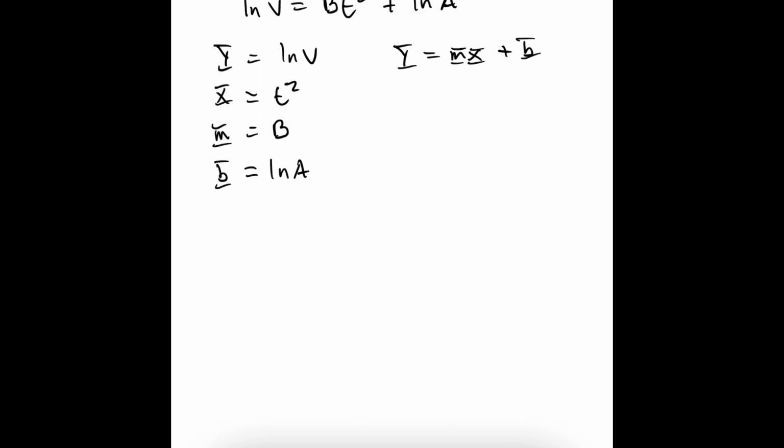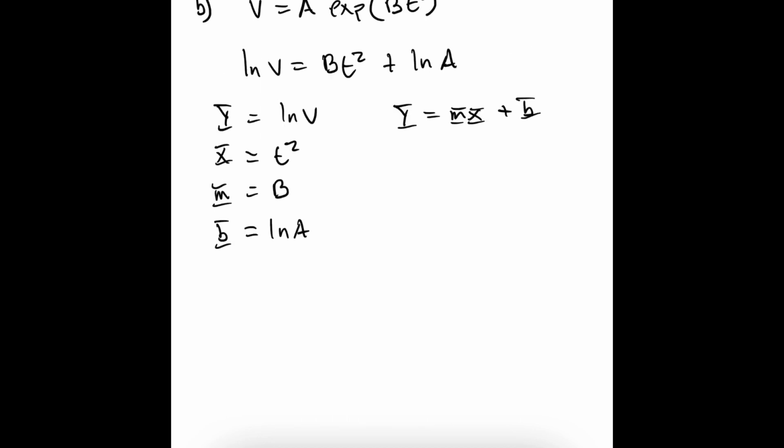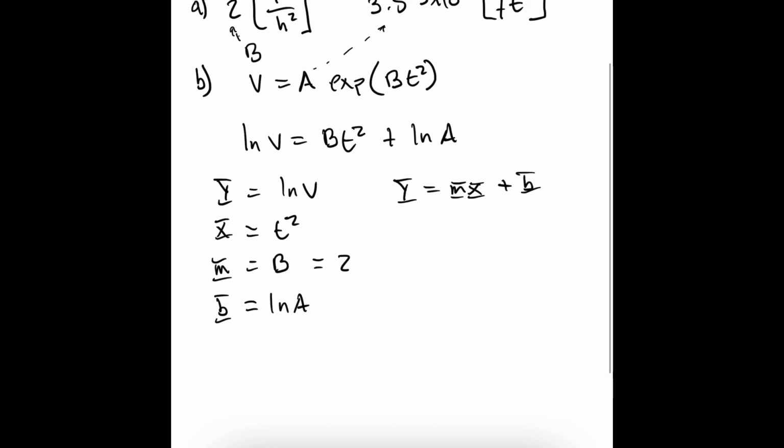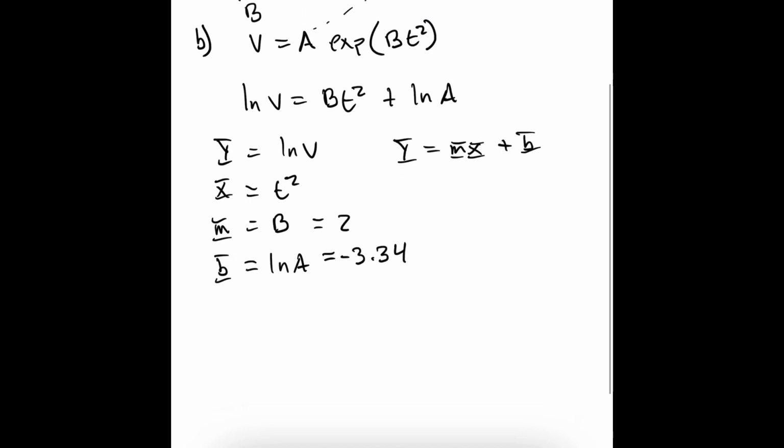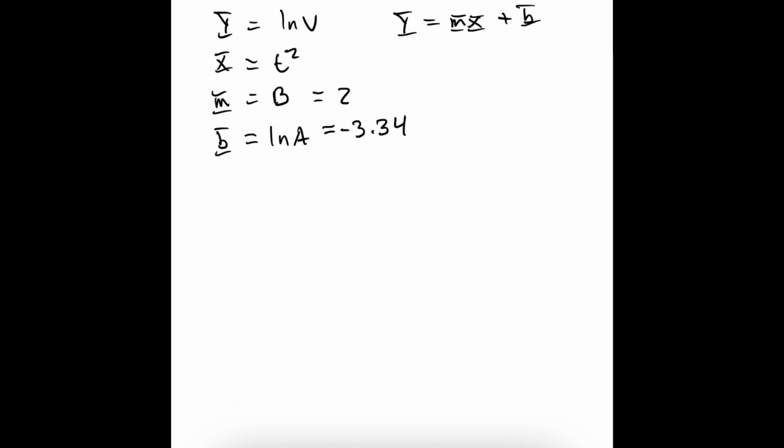What would he have obtained as the slope and the intercept? He would have obtained B as the slope, so he obtained 2 as the slope, and as the intercept, he got the log of A. So the log of A is equal to minus 3.34.